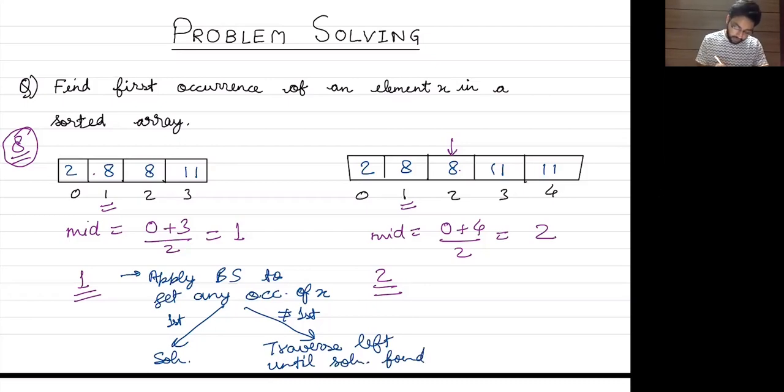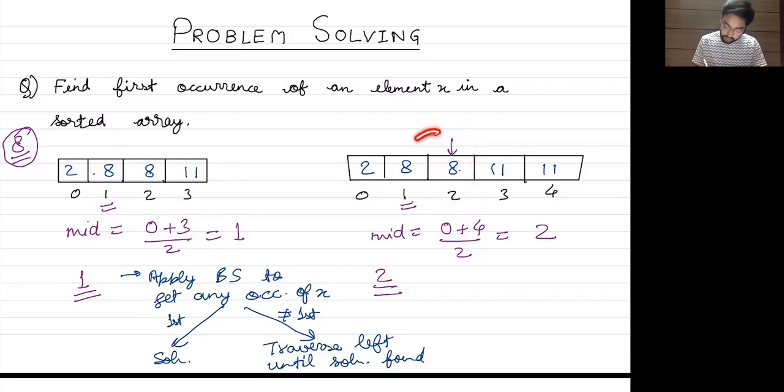So let's say in the first array, binary search gave you index 1. Then you check the element on its left, which is 2. 2 is not equal to 8. So this means index 1 itself is the first occurrence. So you return 1. Fine. In the second array, binary search gave you index 2, which is element 8.